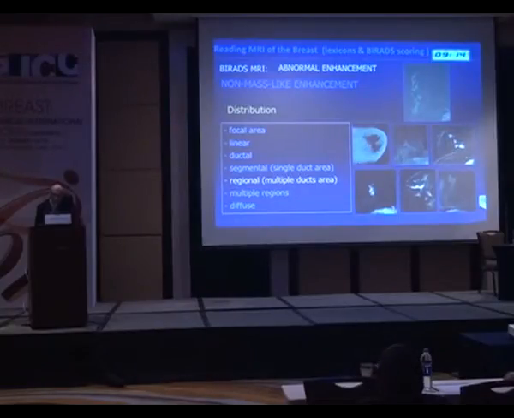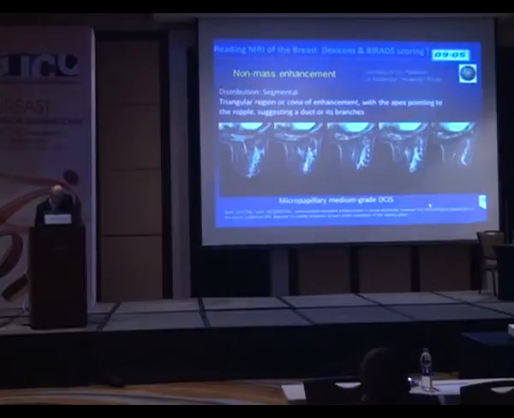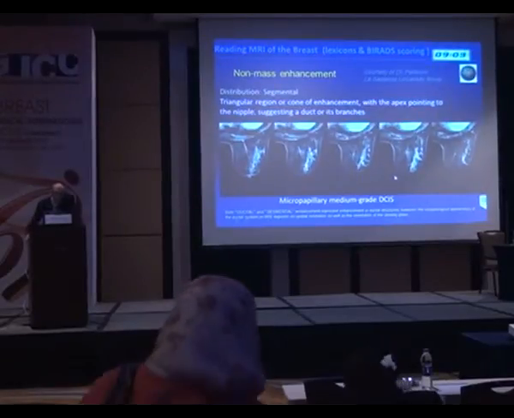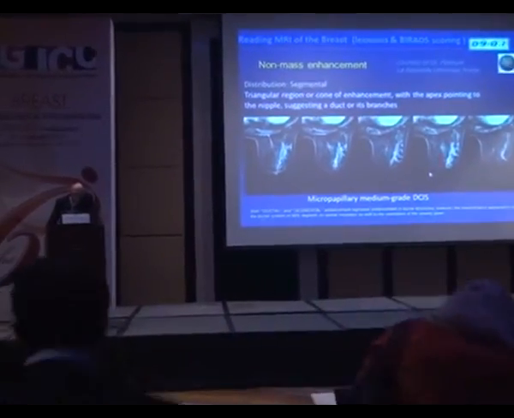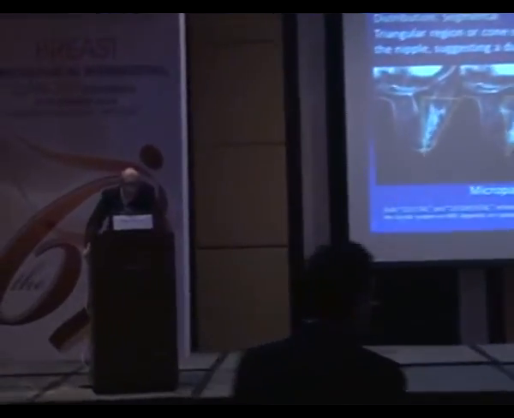Another region, ducts, this could be segmental, and so on. This is a case where you see a typical intraductal lesion that follows exactly the region, the area of the duct in a lobule, in a lobe.